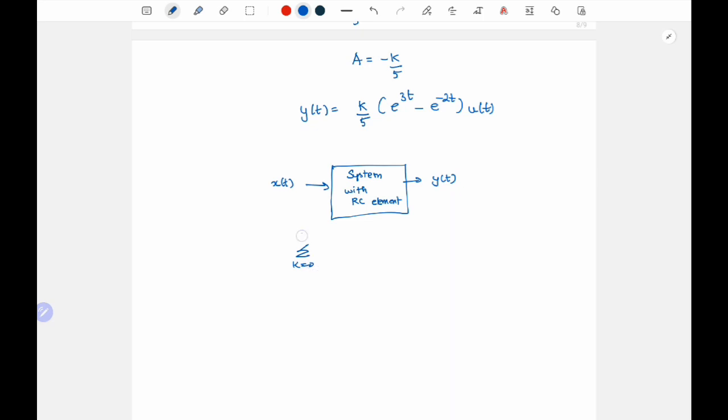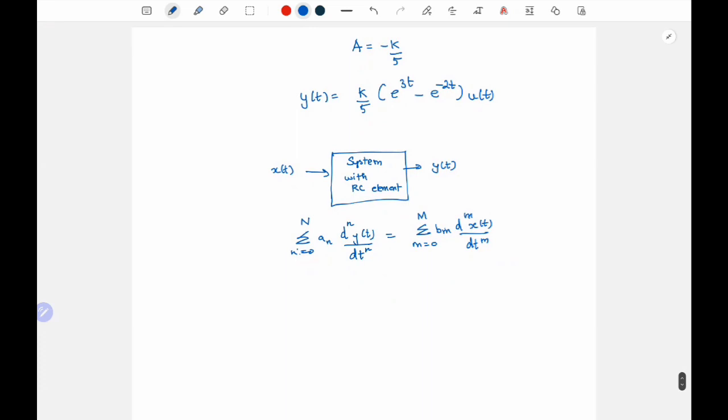Summation k equal to 0 to n a k d k y of t by dt power k is equal to summation, here we can take some other, m equal to 0 to m b m d m x of t by dt power m. And let's take this side as n. Okay. We'll have some relation between input and output as follows, and we may need to solve them to find it.